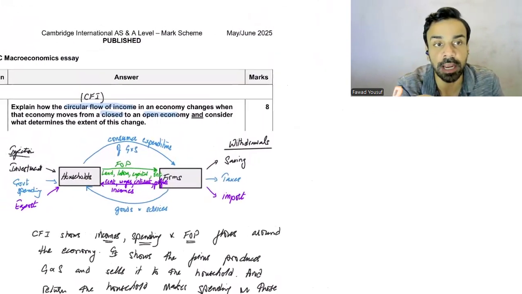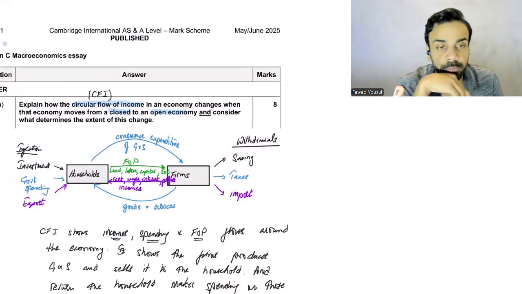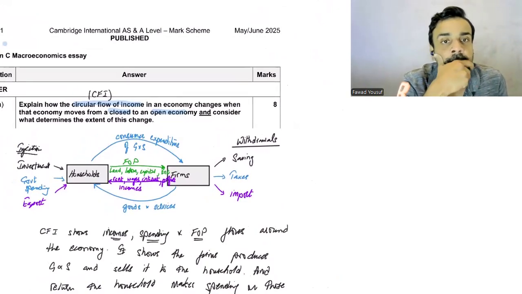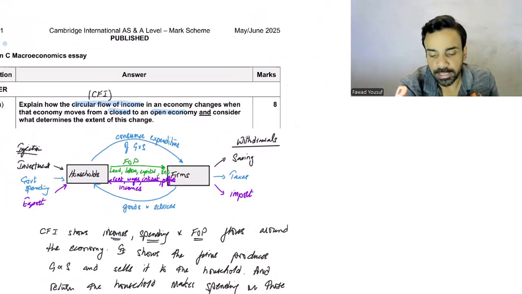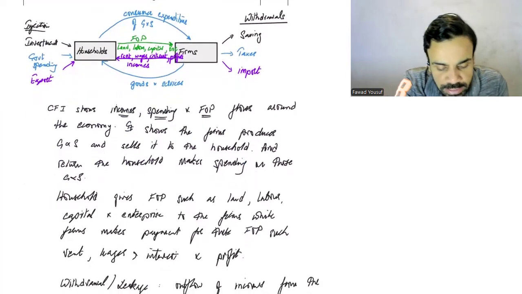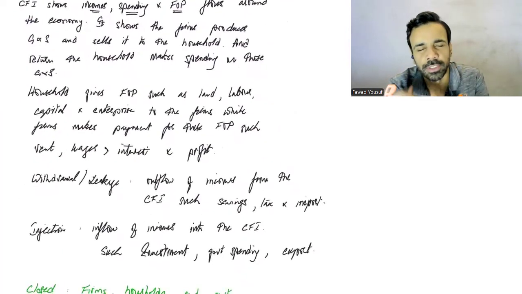So basically, obviously, the diagram, there's no grades for it. And consider what determines the extent of this change.